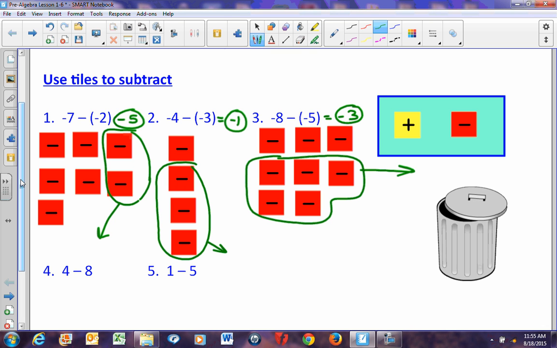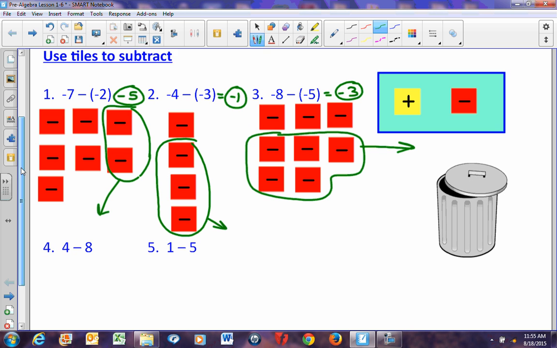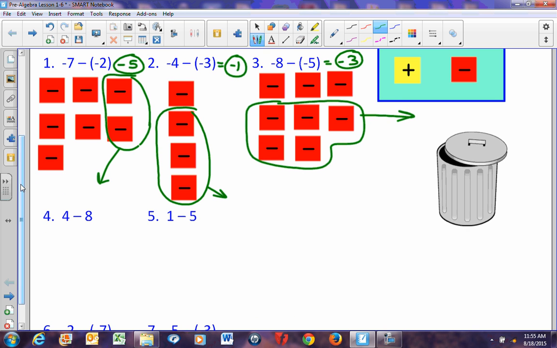Okay? So, let's look at number 4 here, which says take 4 positive tiles, and then you're going to take away 8 from that. I'm going to take 4 positive tiles, excuse me. 1, 2, 3, 4.